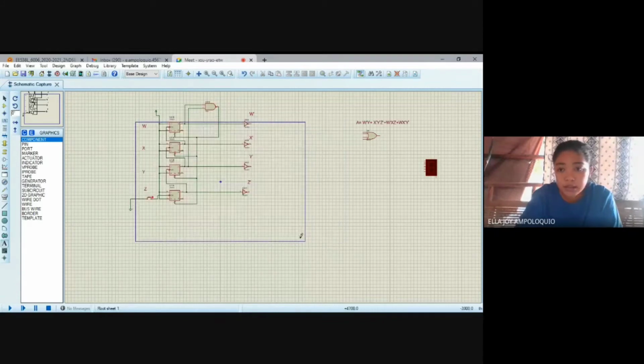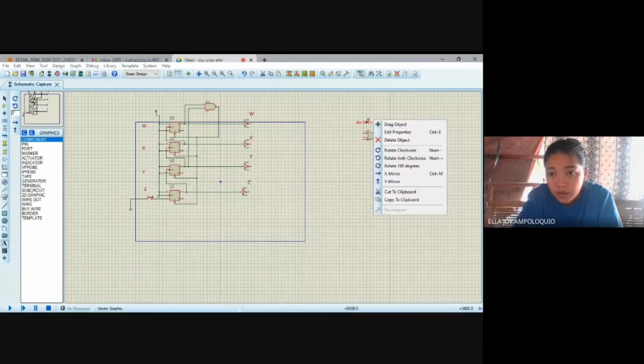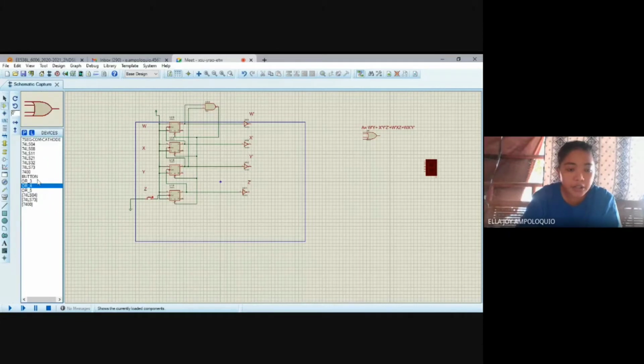Since I have this equation now, I drag this here for letter A. Then for letter B, I'll put it here. I will arrange it later. I will also use the 4 input OR gate here.